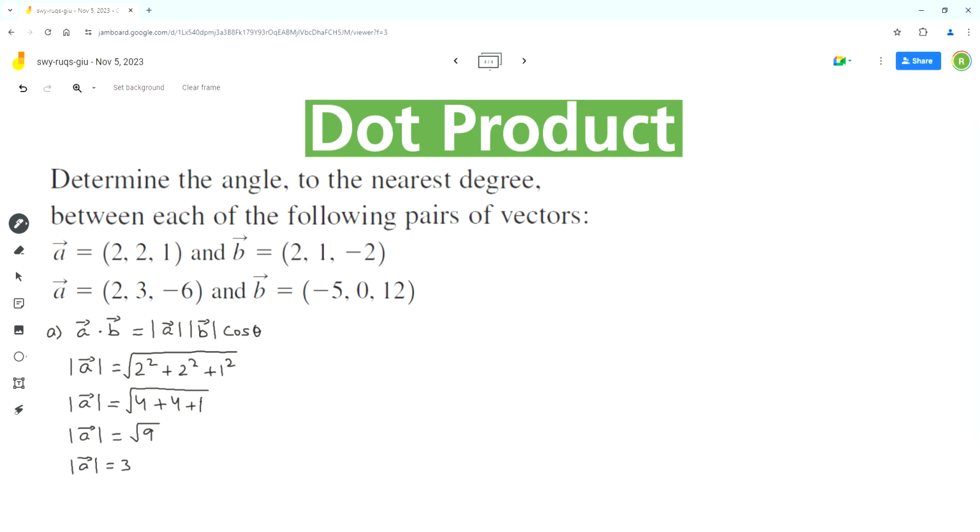Now we can find the magnitude of vector B. So we can square the numbers.